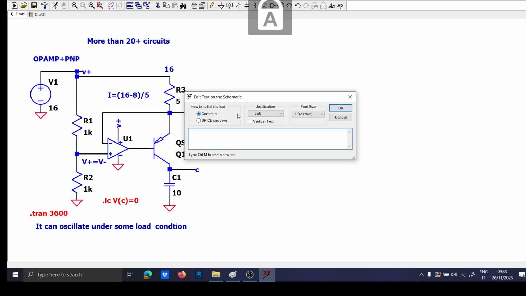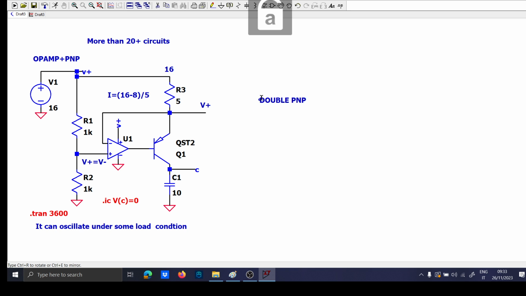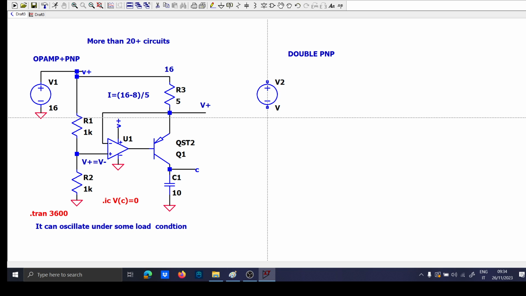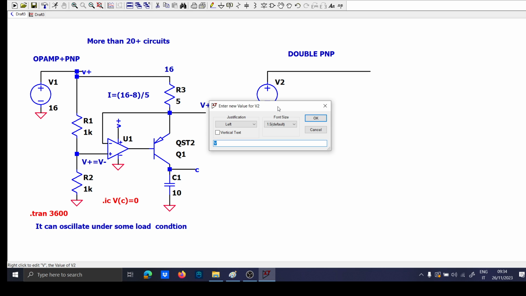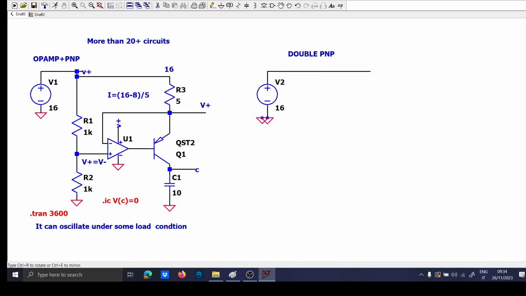So let's study the same circuit, but without the op-amp. Let's study the combination of double PNP plus Zener. The double PNP configuration is again very simple to use. Let's say that we have again 16 volts, and now we have to implement the current protection.